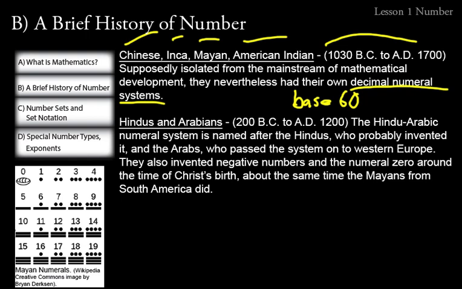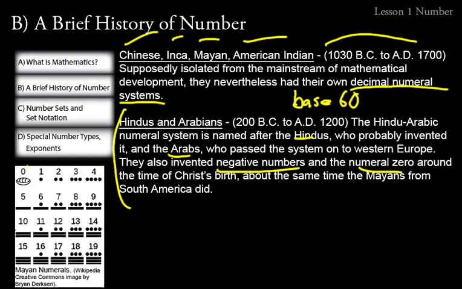Hindus and Arabians, the last group we'll look at here. The Hindu-Arabic numeral system that we use right now to identify numbers is named after the Hindus, who probably invented it, and the Arabs, who passed the system on to Western Europe. They also invented negative numbers and the numeral 0.